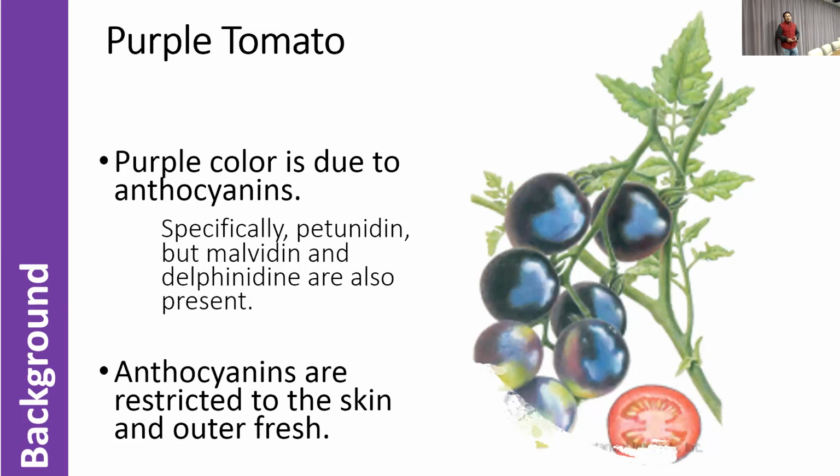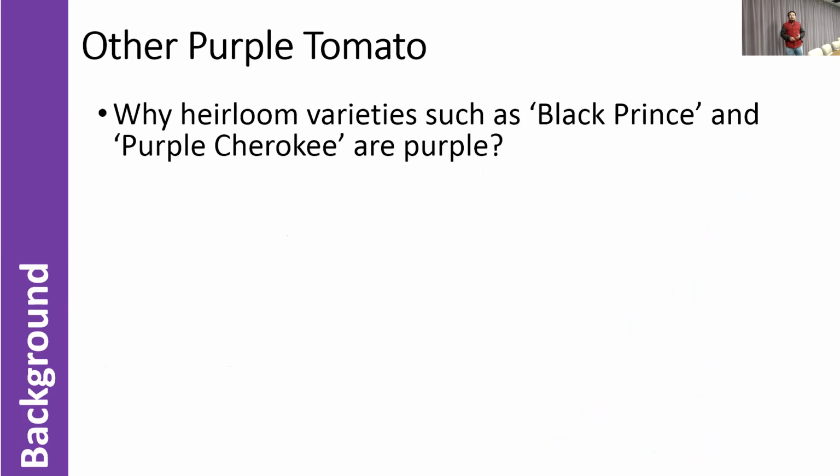We might be interested in which area or section those anthocyanins are present. Here I want to focus that they are restricted just to the skin and are not available in the flesh of the tomato. Since there are already other purple tomatoes, why are we interested in working on the purple tomato that we don't have?